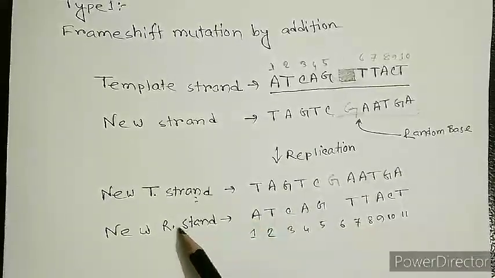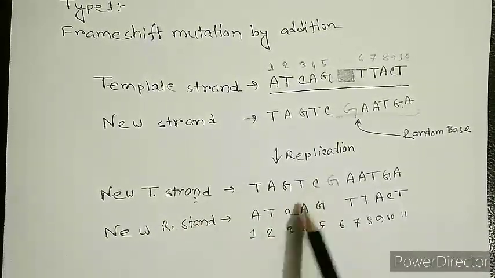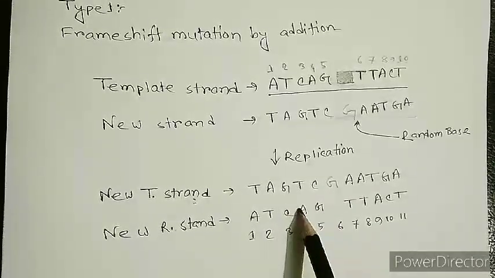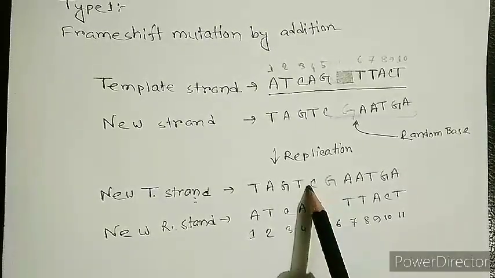So when it is a template strand, this becomes the new template strand. Now when replication occurs, this strand will have the opposite bases of this template strand.